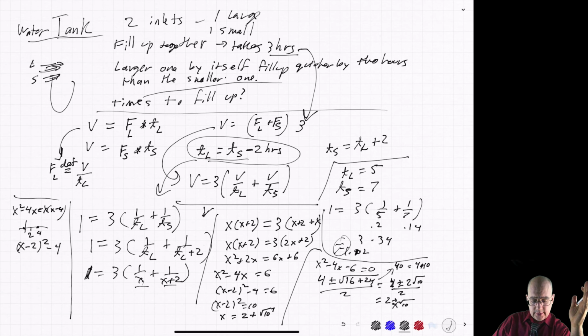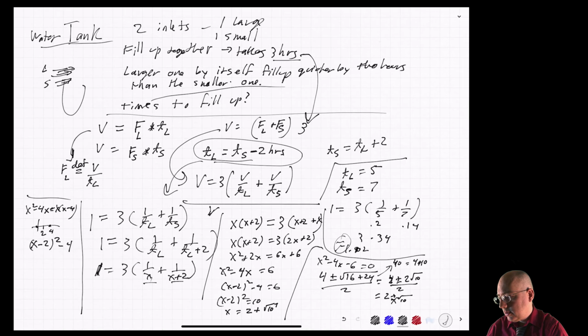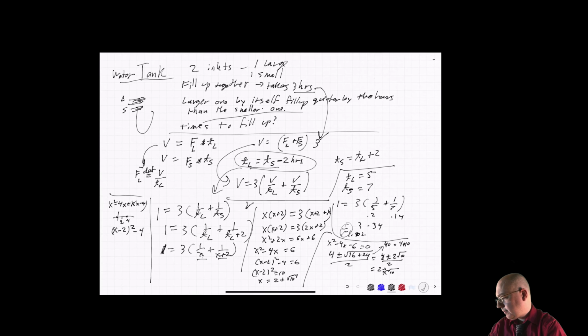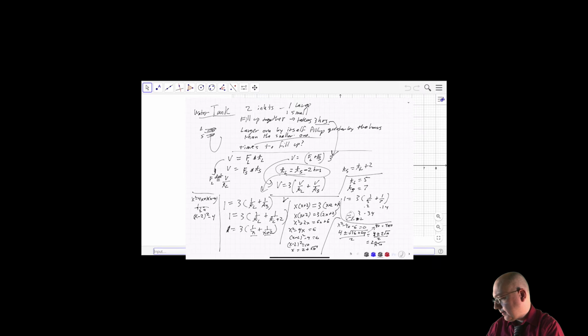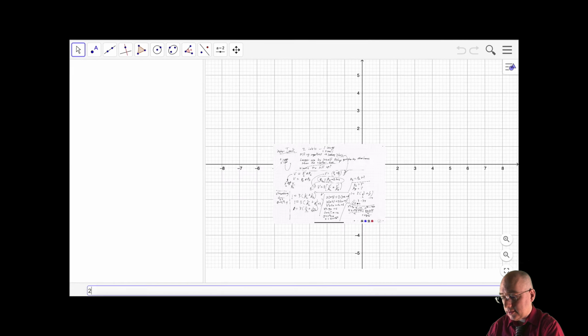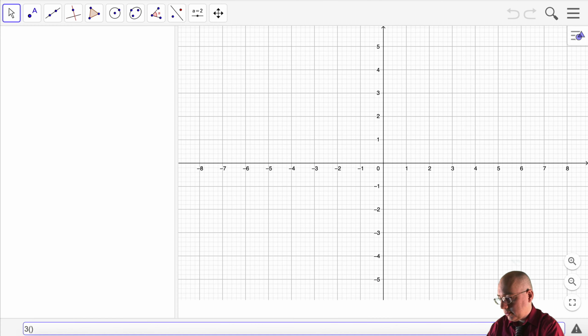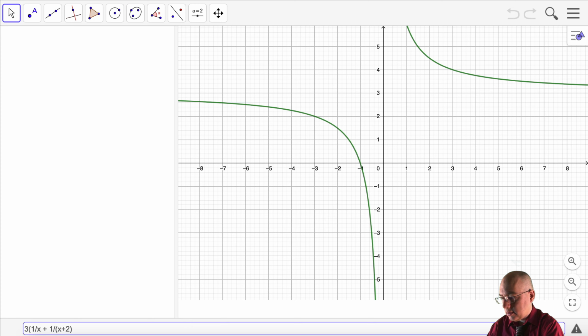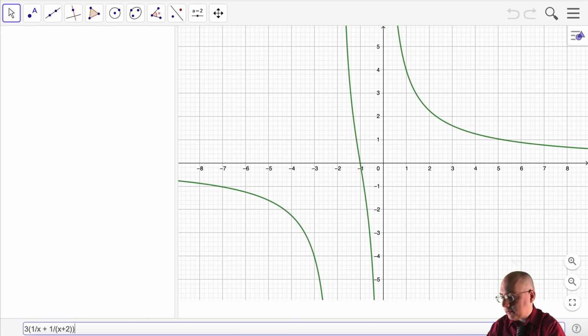So there you have it. Graphically, of course, we could come over here to GeoGebra. Now, I can actually graph, after I plugged in x for these things, did I get my parentheses right?